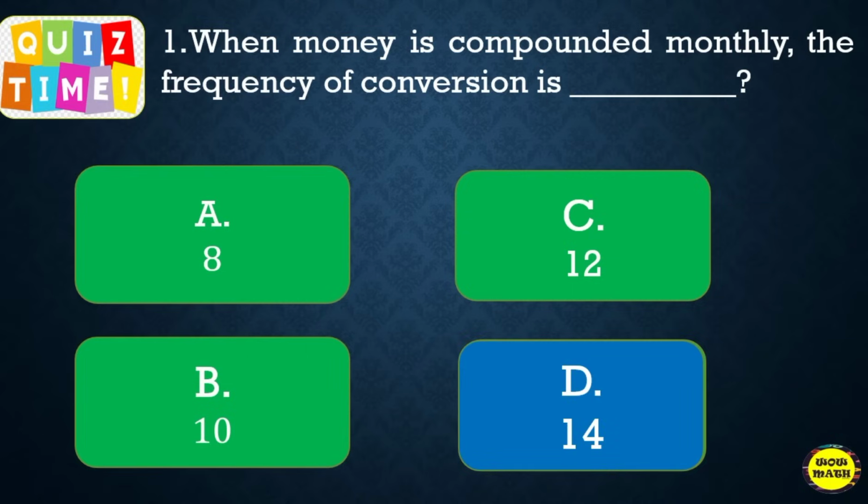Okay, so the answer is letter C, this should be 12, kasi compounded monthly.